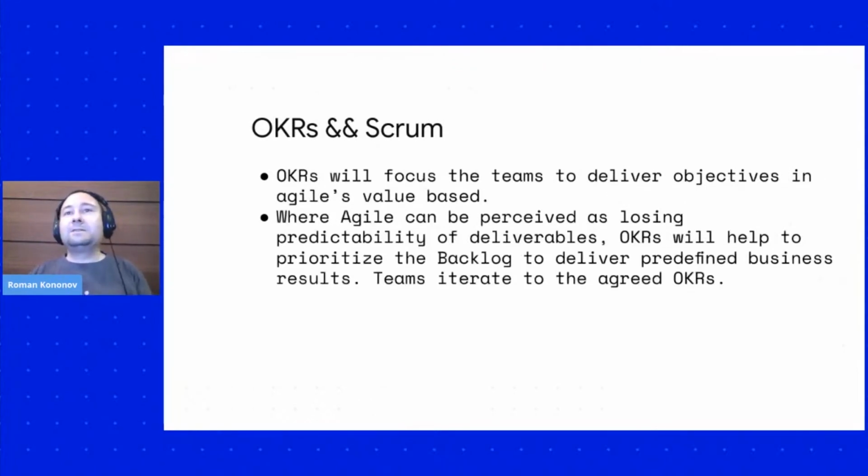OKRs will focus the teams to deliver objectives in Agile's value-based approach, where Agile can be perceived as losing predictability and deliverables. OKRs will help to prioritize the backlog to deliver predefined business results, and the team will iterate toward the agreed OKRs.